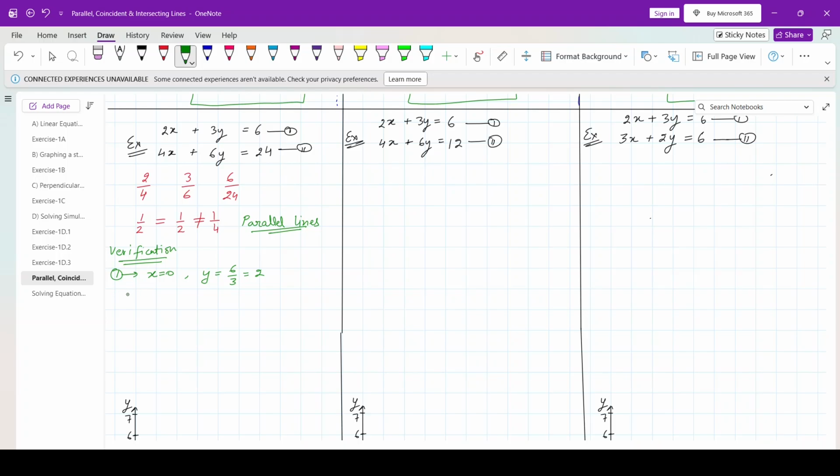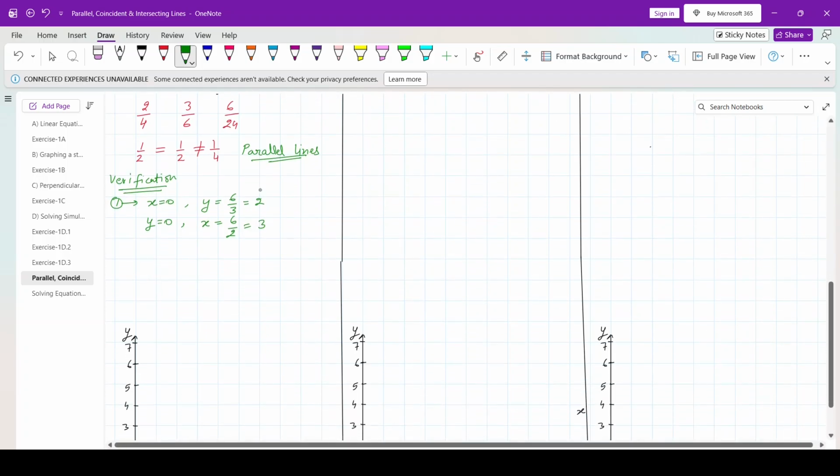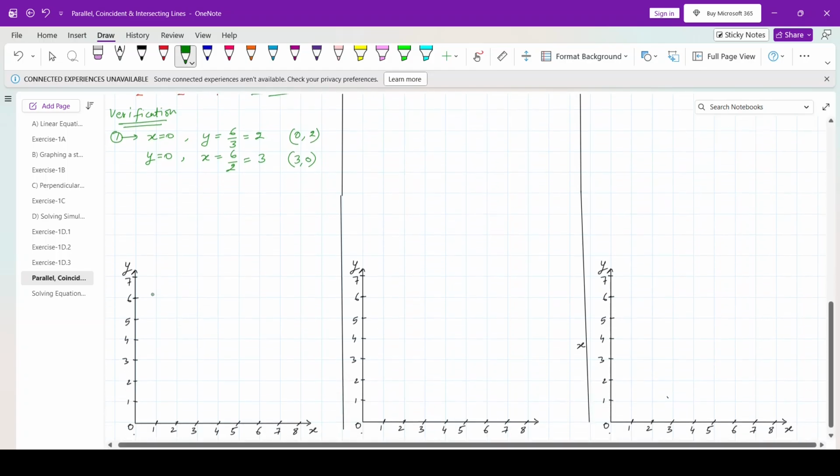And if we take y is equal to 0, we get 2x plus 0 is equal to 6. That is x is equal to 6 by 2, that means 3. So if we plot our very first equation on this chart, we will get 0, 2 as one of the points and 3, 0 as our second point for the first equation.